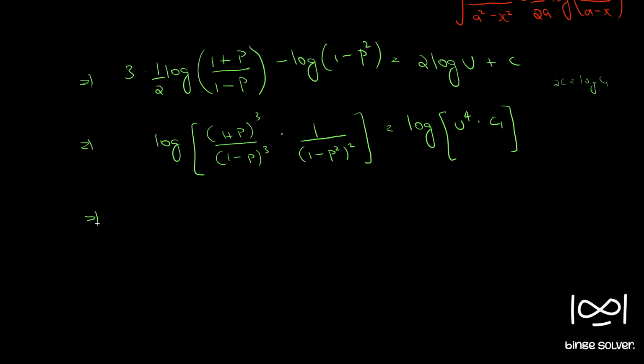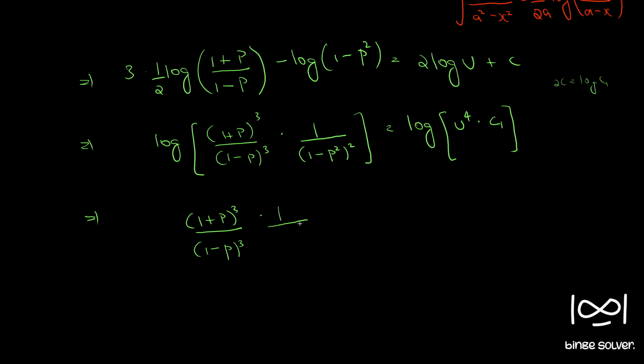Now we can equate the terms inside. So that gives (1 plus p) the whole cube by (1 minus p) the whole cube into, so 1 minus p square is 1 plus p into 1 minus p.